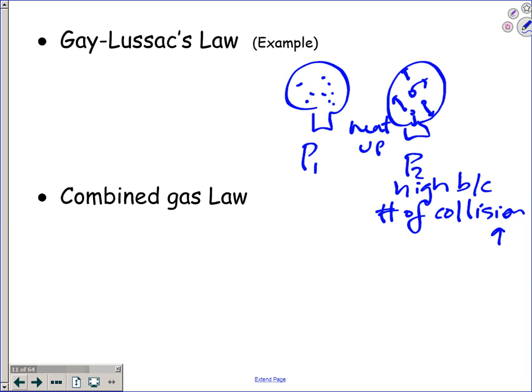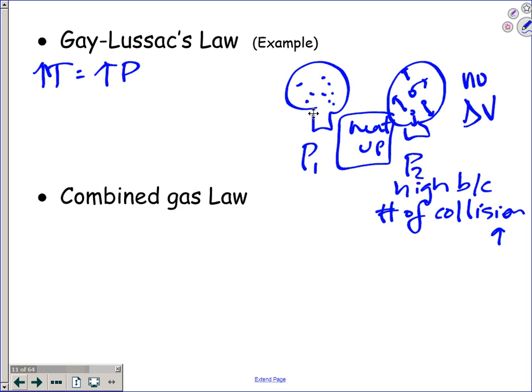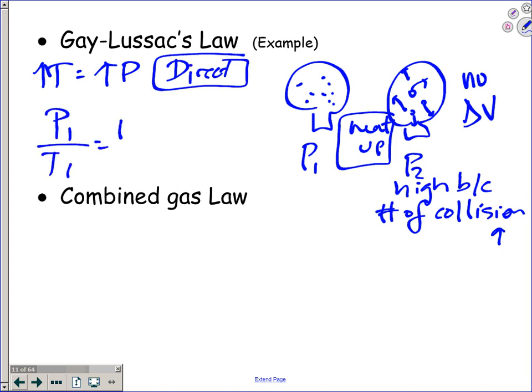The temperature difference. Heating it up caused the pressure to increase. And I'm not changing the volume. So I'm showing you the relationship between pressure and temperature. As temperature increases, pressure increases. So is that a direct or an indirect relationship? Direct again. All right, so this one is P1 over T1 is equal to P2 over T2.